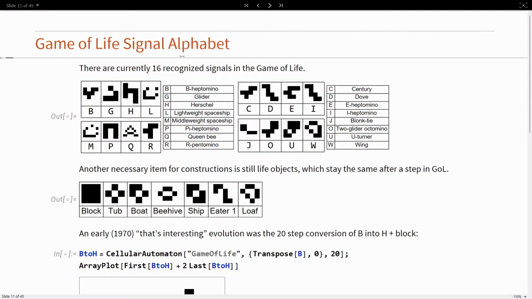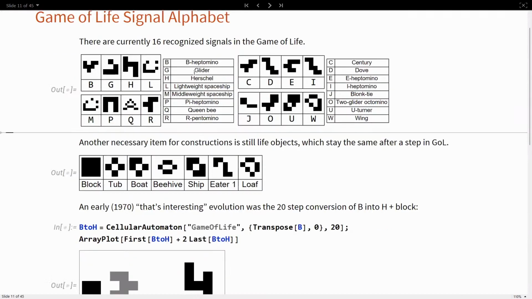And eventually, 26 years later, they started looking for these things called signals, where you have a shape which can be moved somewhere else to either replicate itself or replicate one of these other shapes.